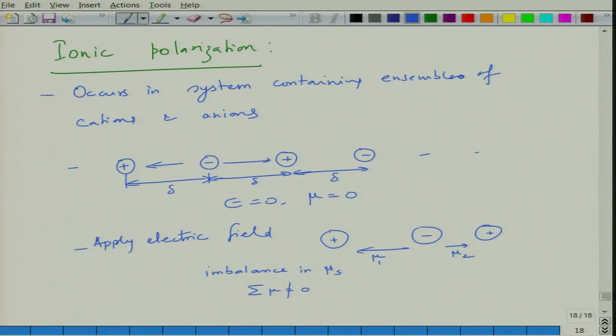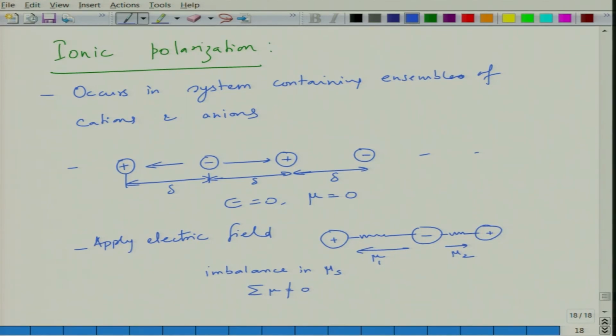In this case, the whole ion is moving with respect to another ion, as if it is connected by a spring. So we can model it as if ions are connected to each other by a spring. We will do that in a little while, probably in the next class. When you apply an electric field, the net dipole moment will not be equal to 0.